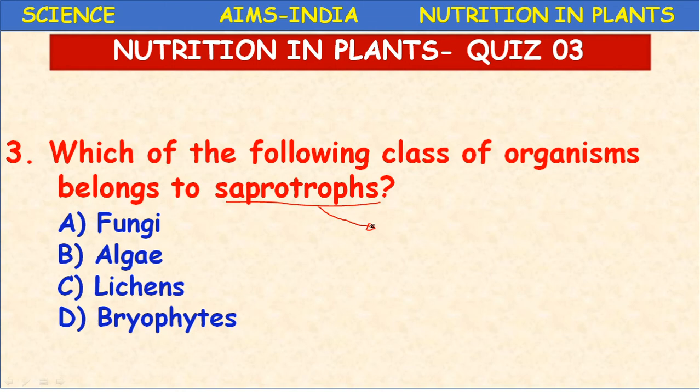That liquid food material the saprotrophs absorb. Such organisms are called saprotrophs. These saprotrophs are divided into saprophytes and saprozoites. Saprophytes belong to the plants. Saprozoites belong to animals.